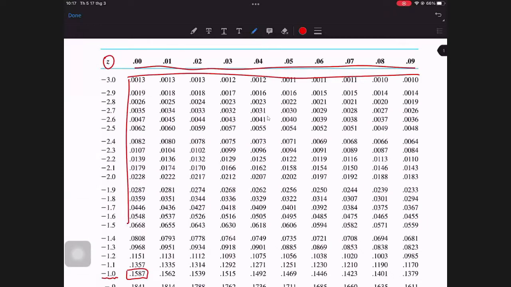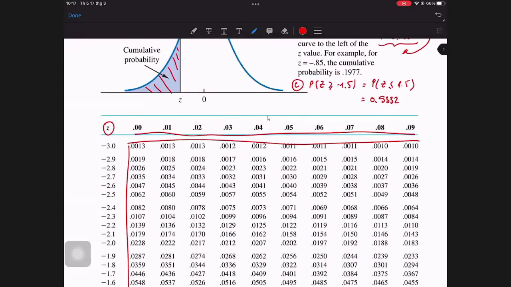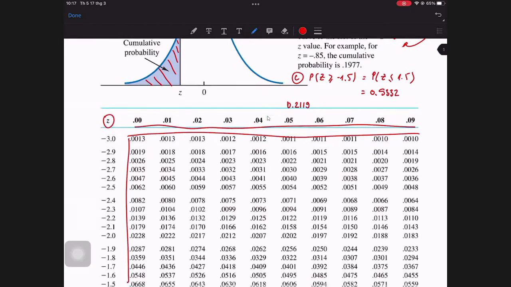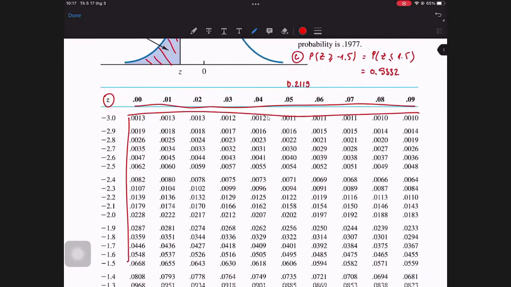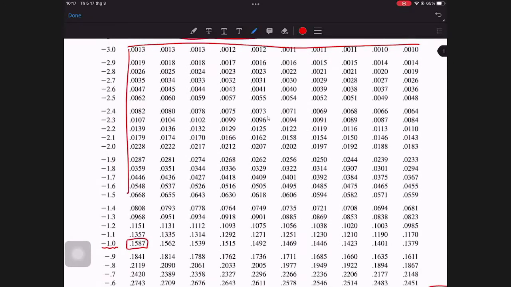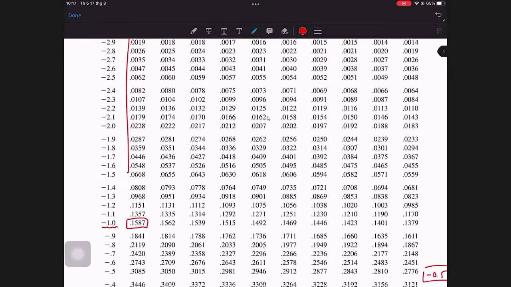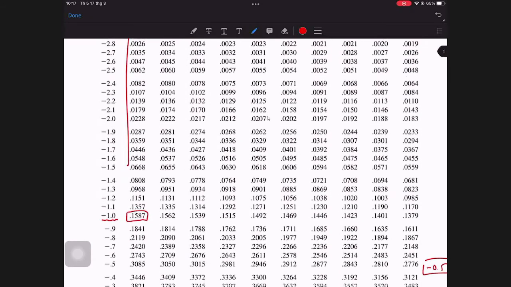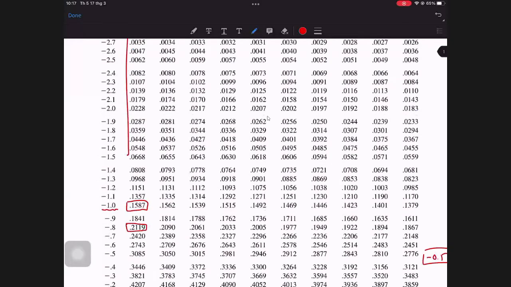So first, our value here is given as 0.2119. So we need to find the value of 0.2119 in our table. You just move along here until you see 0.2119.